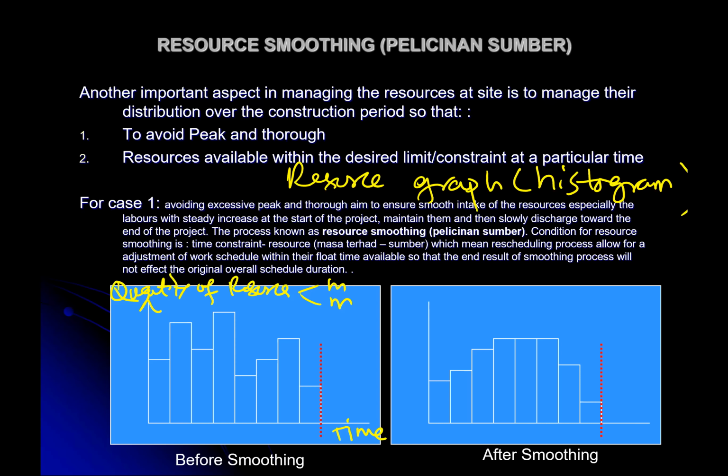But in building, there may be thousands of materials. We do not do a resource histogram for the material, but for the manpower and machinery, we can do that.